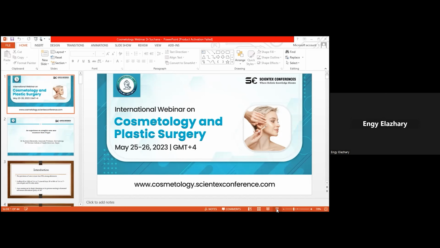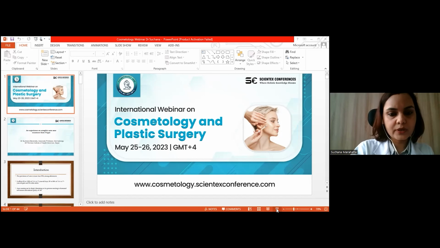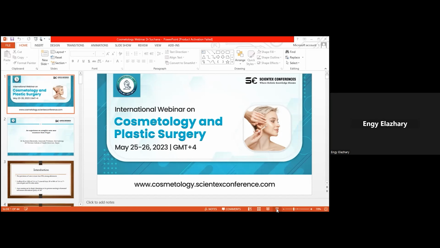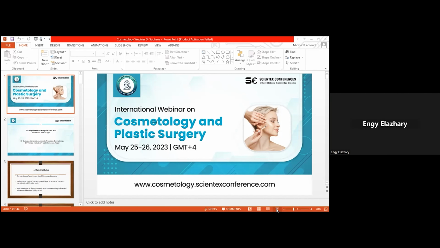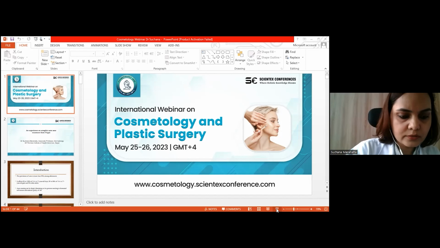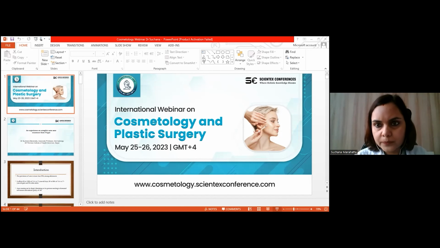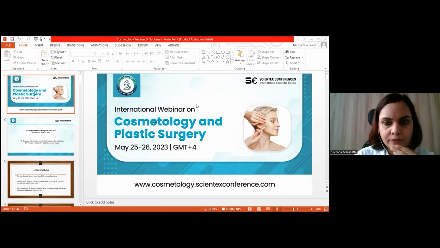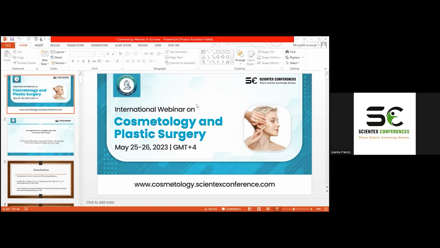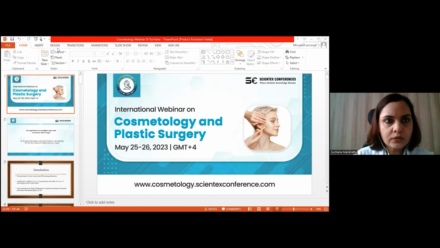Function and F5 together? It's also not working. Can you click the slideshow on the top of the screen?